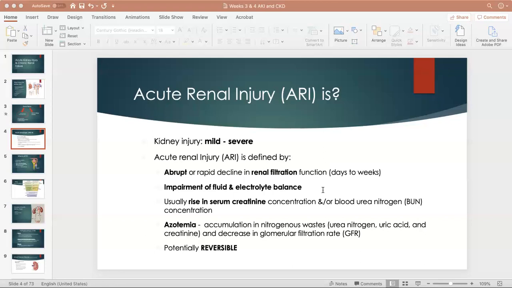So we're going to talk in another video about all the causes of AKI. If you fix that problem, whatever it is that's causing the damage to the kidney, and there hasn't been any permanent damage done to the kidney, once you fix that problem, the nephrons and the kidney just start working again.